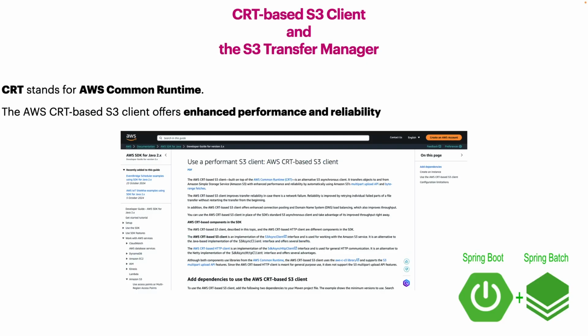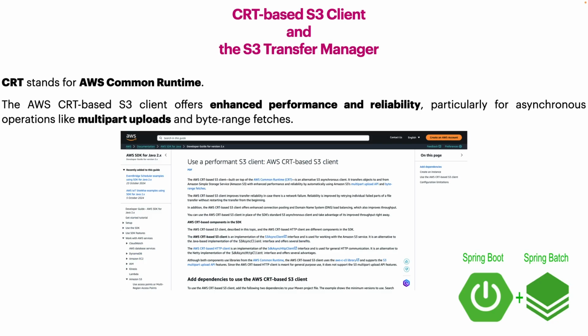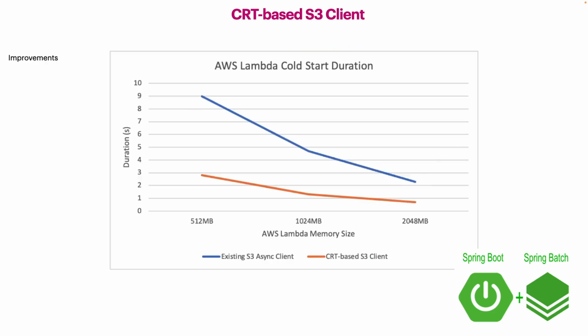CRT stands for AWS Common Runtime, with more performance and more reliability, and it's very nice for asynchronous operations like, for example, multi-part uploads. As proof, you can see here some improvements. It's actually better. So this is the CRT-based S3 client that we are going to use.